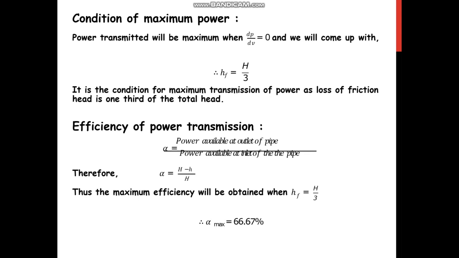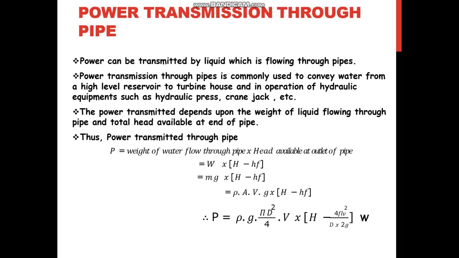So power available at the outlet of the pipe is the difference between the total head and the frictional head, that is H minus hf, and power available at the inlet is capital H. Therefore, efficiency is given by capital H minus hf divided by capital H. And the maximum efficiency, if you substitute hf is equal to H by 3, we can calculate that the maximum efficiency is about 66.67%.